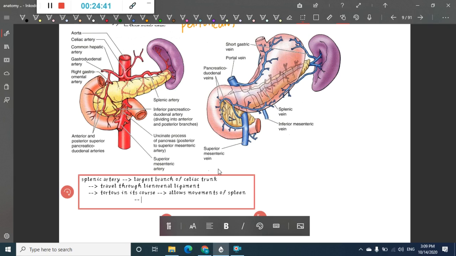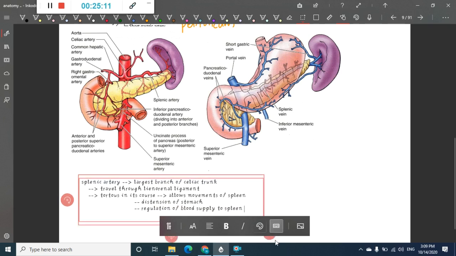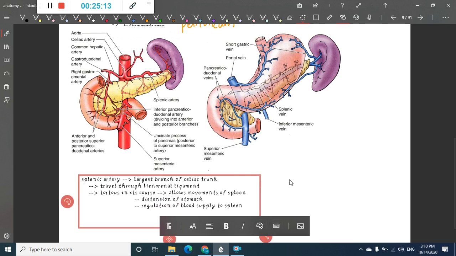It will also help in distension of the stomach without obstruction to blood flow, and this tortuosity will also help in regulation of blood supply to spleen in different metabolic activities. So these are the things that you see in the splenic artery.